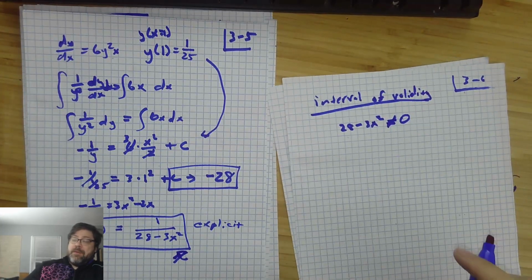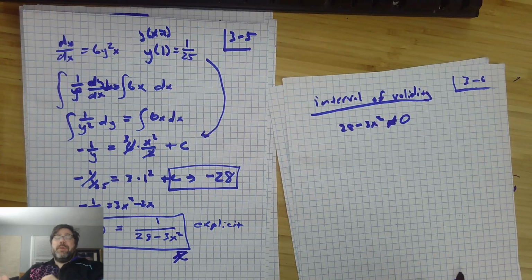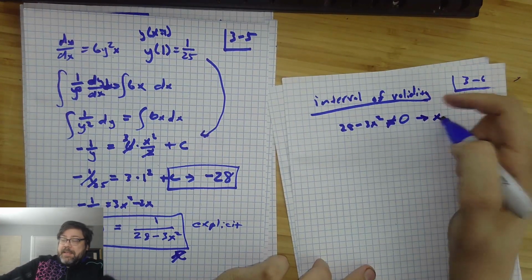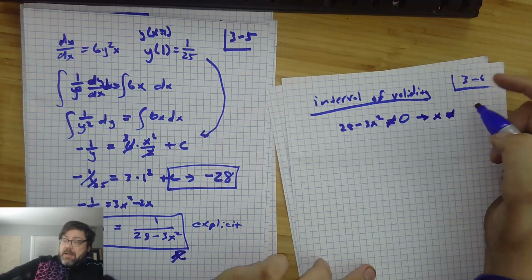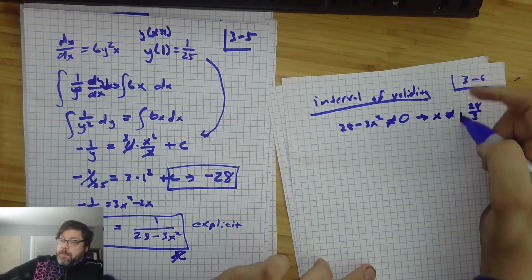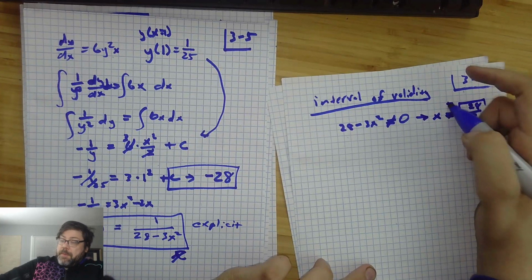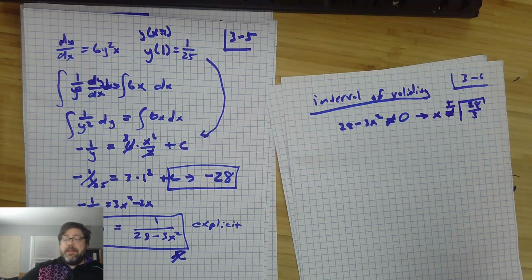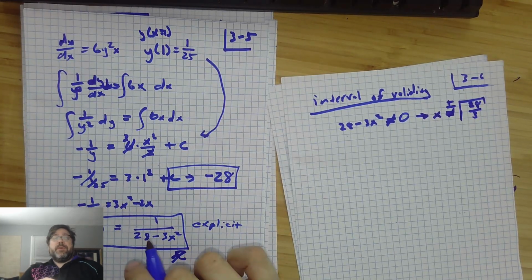If we have that equal 0, then the slope is going to explode, right? And if that can't equal 0, that means that x can't equal plus and minus the square root of 28 over 3, right? If it equals those values, then this is not going to work. This is going to explode.